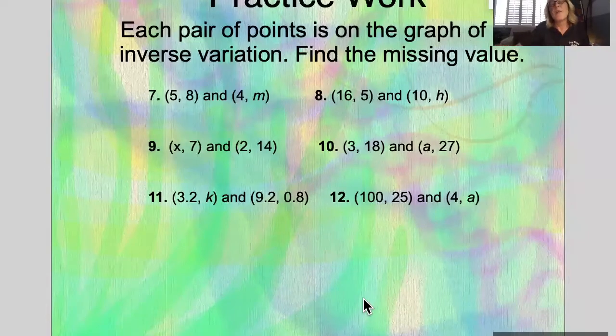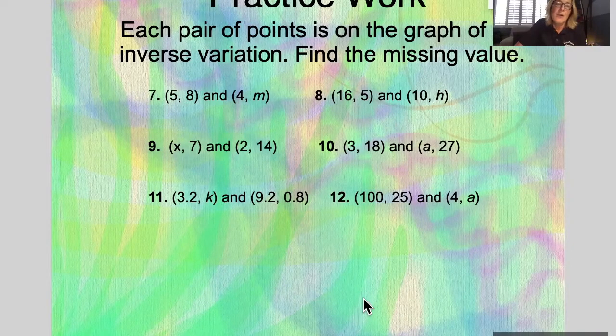All right, so here we have two sets of points. Each of them lie on a graph of an inverse variation, and your job is to find the missing value. So on number 7, we have a point (5, 8) and we have (4, m), and we want to figure out what m is. And if they are both on the same inverse variation, that means their x times y is going to be the same.